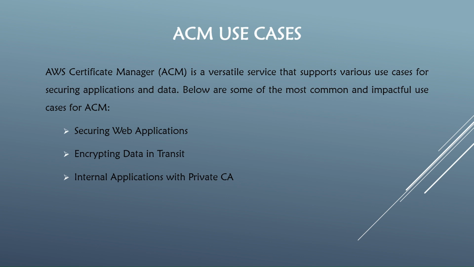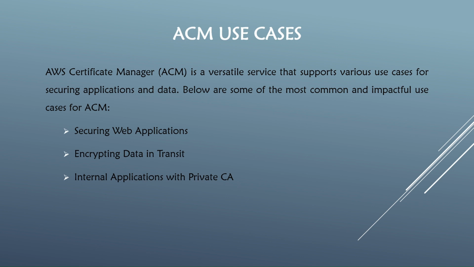By using SSL/TLS encryption, it simplifies the process of securing websites and web applications by automatically provisioning and deploying SSL/TLS certificates, ensuring all traffic between a client and your server is encrypted and secure. And it is also protected by HTTPS.